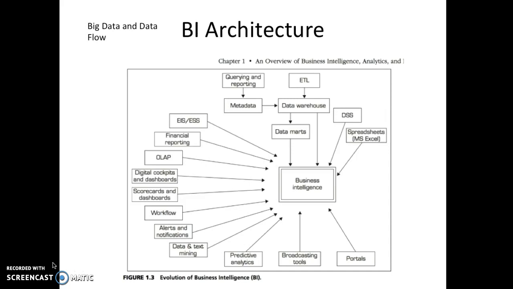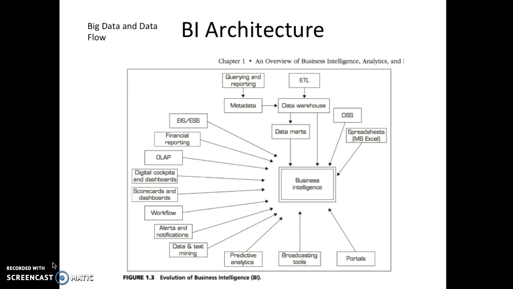So let's take a look at what a business intelligence architecture would look like. In the center of this diagram, you see business intelligence. In order to have business intelligence, there are a lot of components that need to be in place.